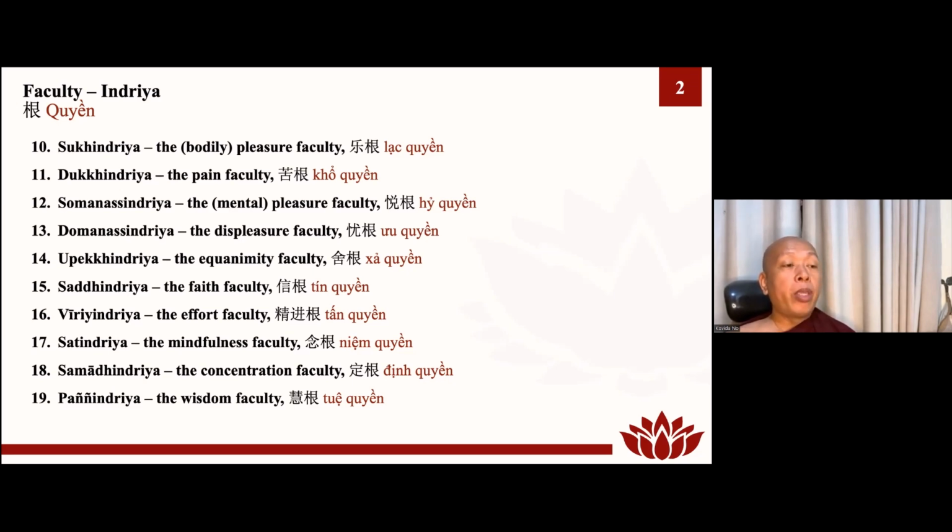So sometimes when we say only 3 types of feeling, at that time, sukha and somanassa become 1. Dukkha and domanassa become 1. So that means sukha and somanassa, 2 of them are named as sukha. Dukkha and domanassa, 2 of them are named as dukkha.